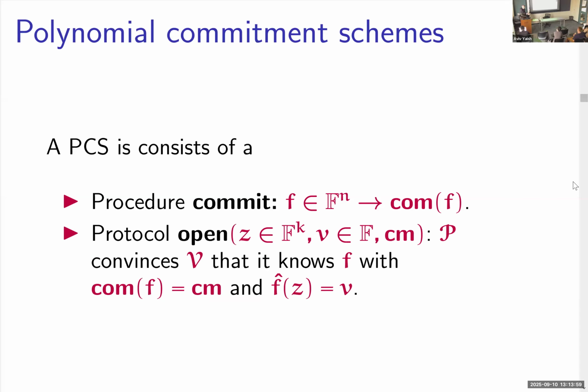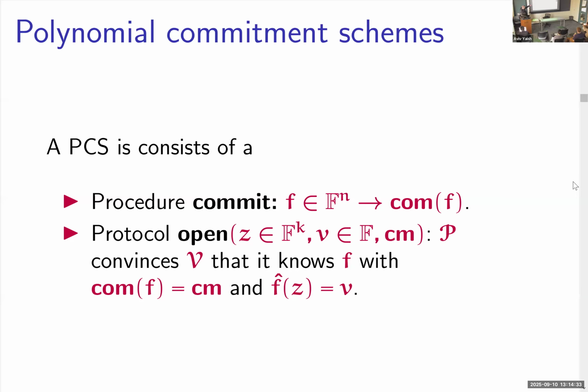And the second, maybe more interesting part is some open protocol. This is a protocol between a prover and a verifier that both receive some input z, some output v, and some commitment cm.